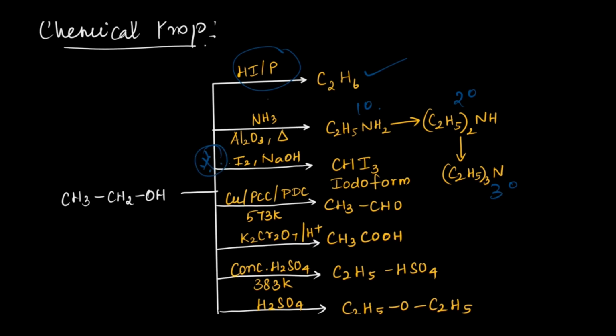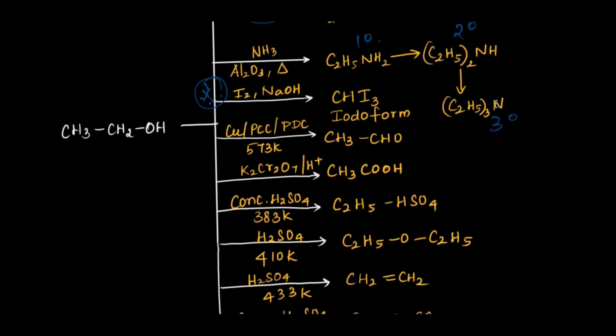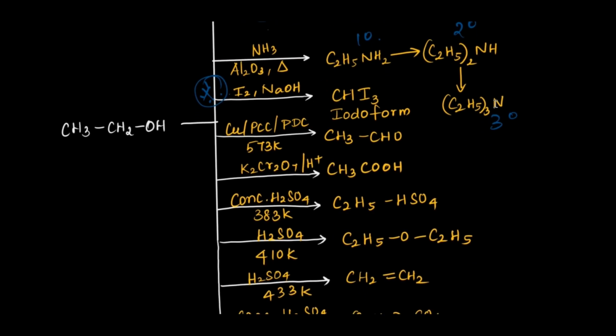I am mentioning it because it was asked in so many papers. I2 with NaOH will form iodoform. So iodoform formula is CHI3. If you are treating it with Cl2 with NaOH, that will form chloroform CHCl3.